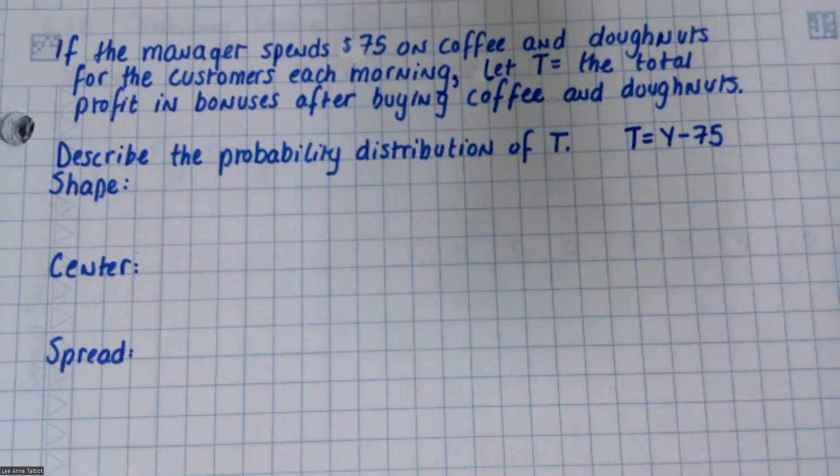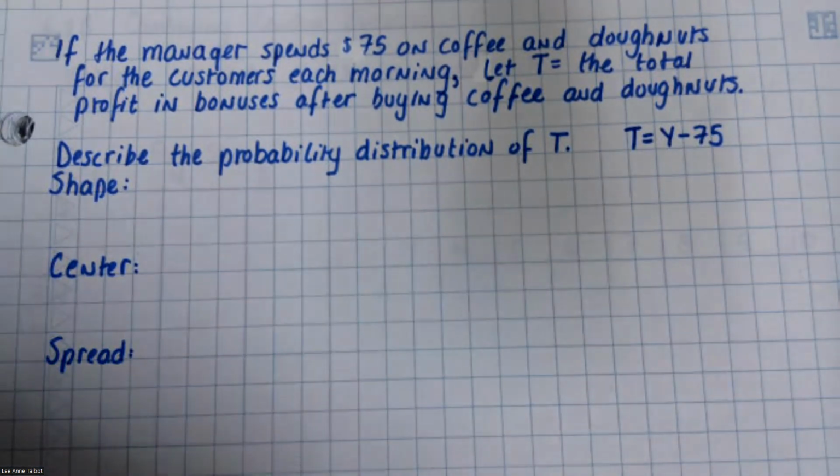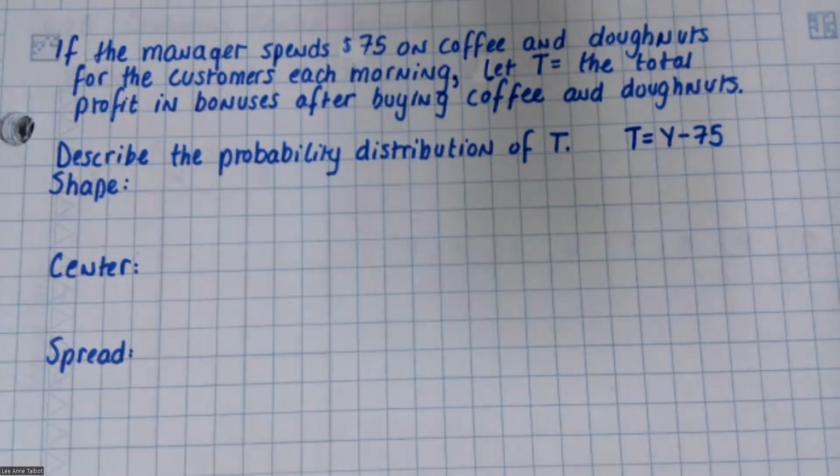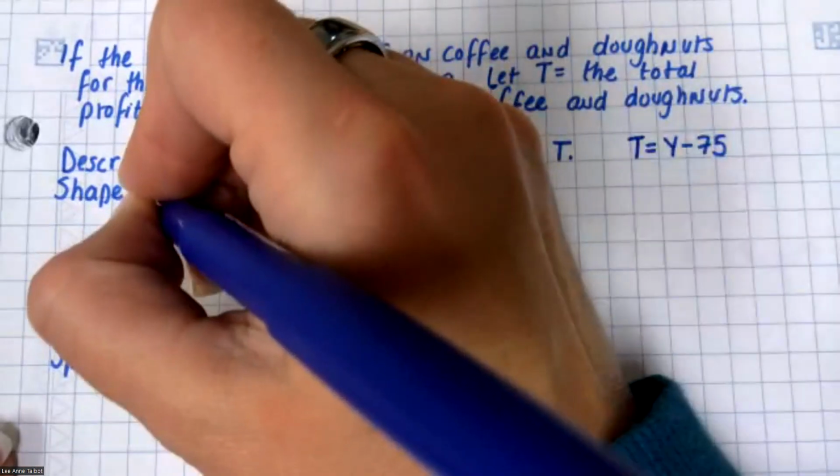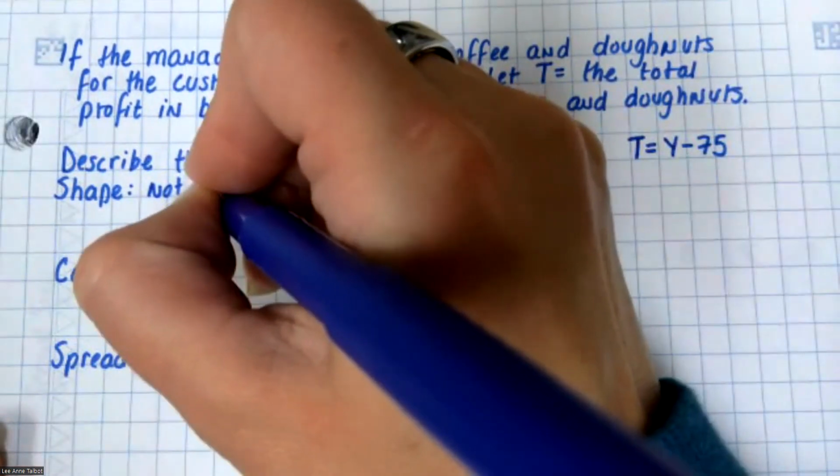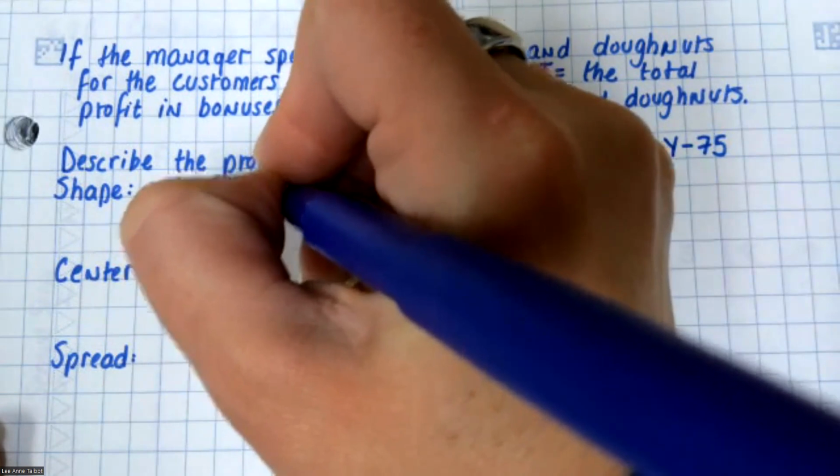Bonuses minus $75. Nice. What operation is this? Subtraction. Should the shape be affected by subtraction? No. So shape not affected.